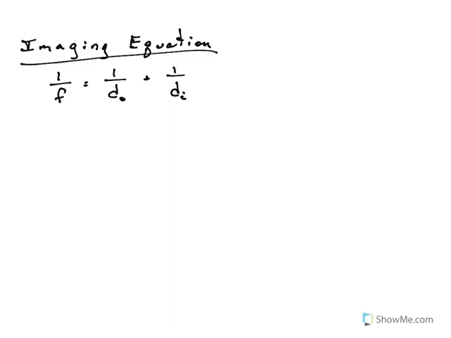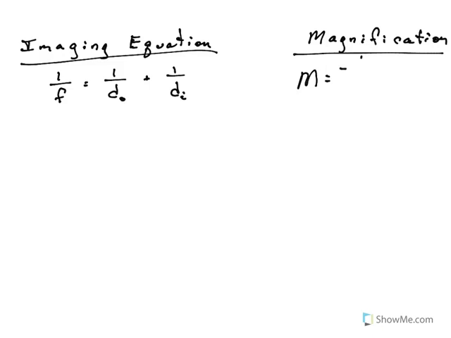There's a second equation we're going to need, which I'll go ahead and write now, and that's the magnification. In a magnification, there's kind of 2 forms. The first form says a magnification is equal to minus the image distance divided by the object distance.